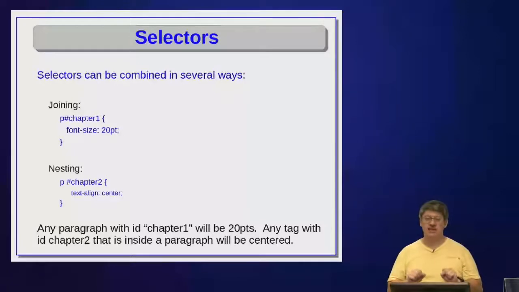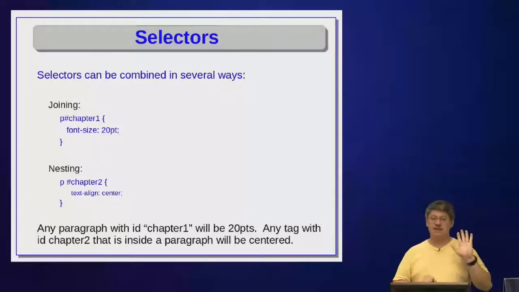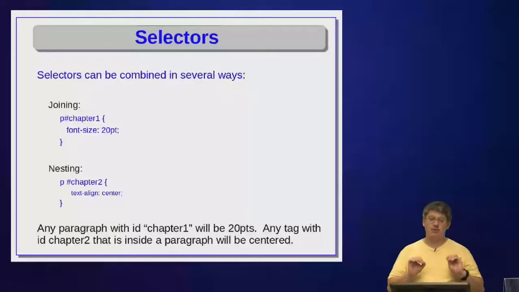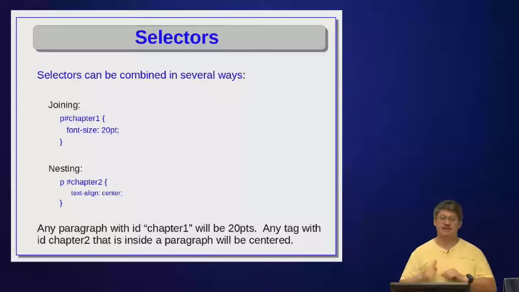Alternatively, I could join things together by putting a space between them, and that's called nesting. If I say P for paragraph and then a space, and then I say hash chapter 1, the browser is going to apply my rule only to things with ID chapter, or this is actually chapter 2 in my example, if they're inside a P tag, between a P and a /P tag.